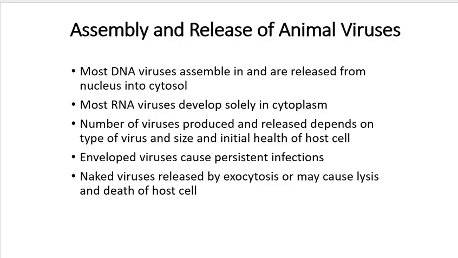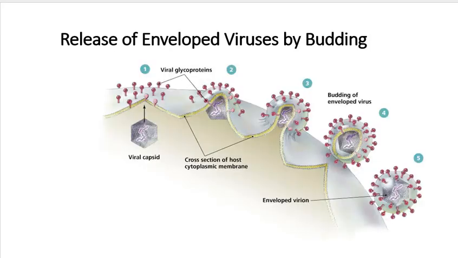Enveloped viruses can cause persistent infections, again, because it's wrapped in your own cell membrane, and it makes it much more difficult for our immune system to distinguish. Naked viruses are released by exocytosis and may cause lysis and death of the host cell as it exits. Okay?